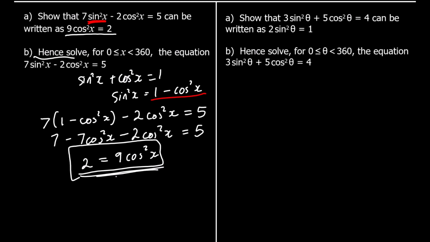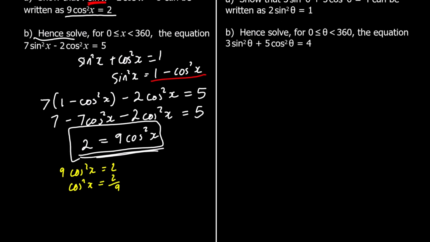So we're solving 9 cos squared x equals 2. So let's divide both sides by 9. Cos squared x equals 2/9. Cos squared x means cos x squared. So to get rid of a square, we square root.